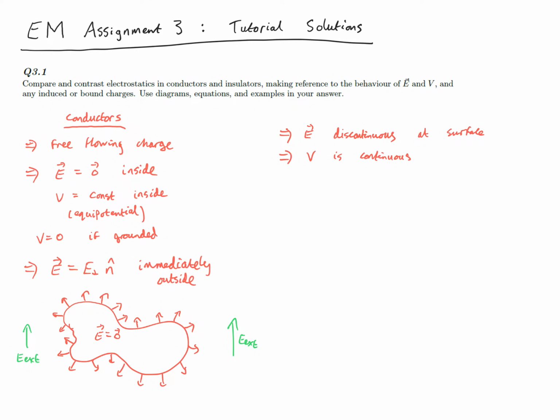So the potential is continuous, and furthermore, we can take the derivative of the potential perpendicular to the surface, and that should give us exactly the electric field. And we can relate this to an induced surface charge.